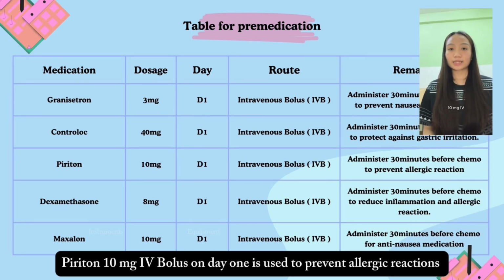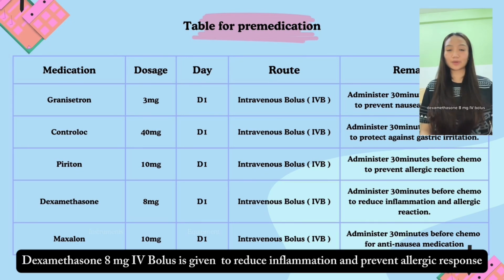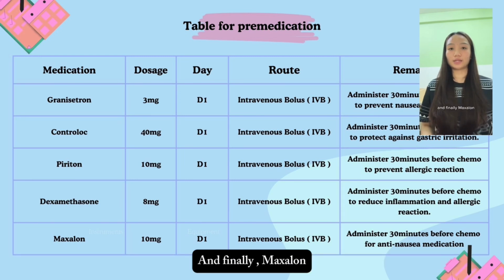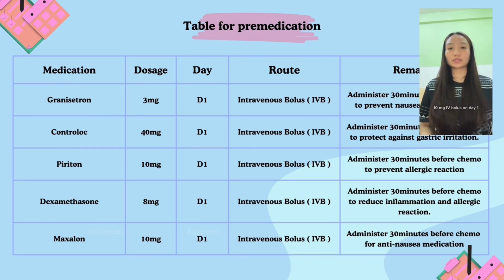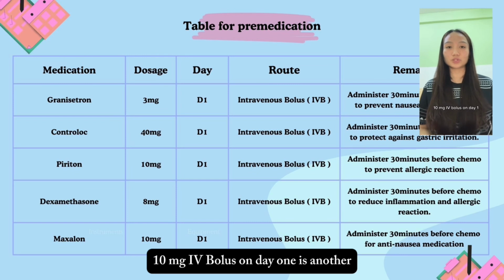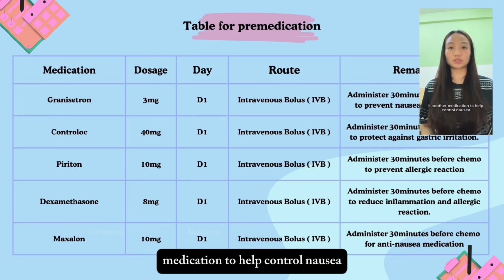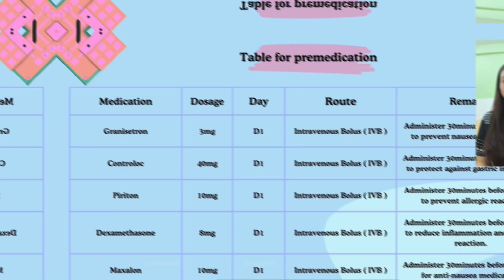Piriton 10 mg IV bolus on day 1 is used to prevent allergic reaction. Dexamethasone 8 mg IV bolus is given to reduce inflammation and prevent allergic response. And finally, Maxolon 10 mg IV bolus on day 1 is another medication to help control nausea.